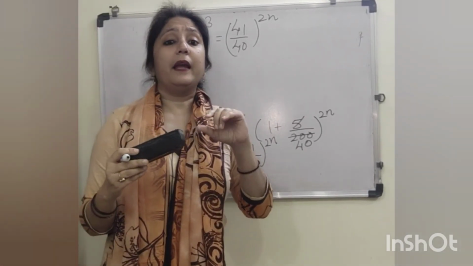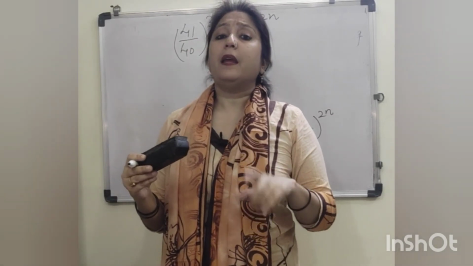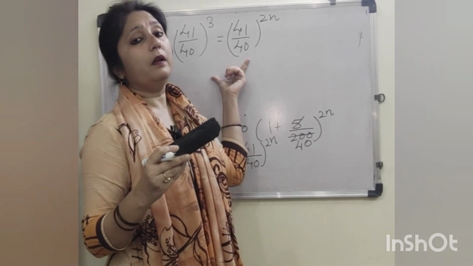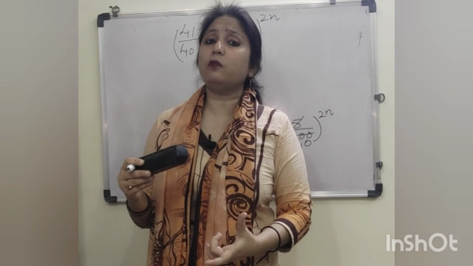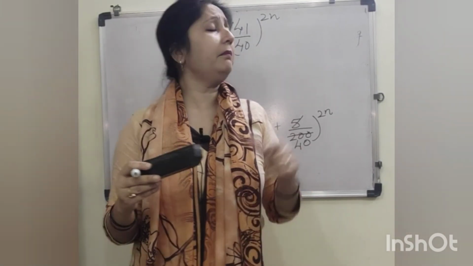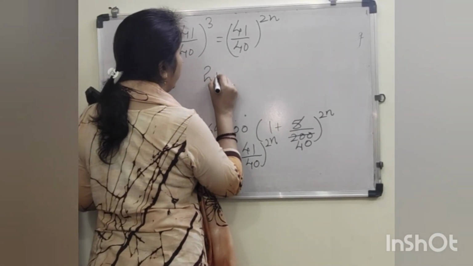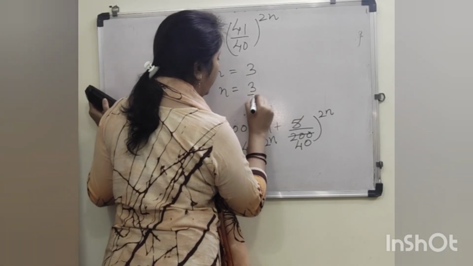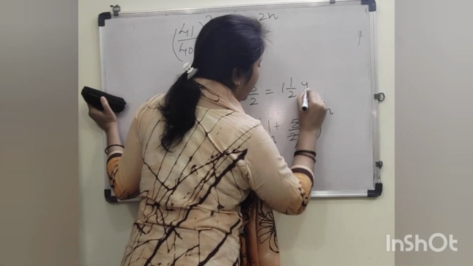See, in rate exponents were the same. In calculating time, bases are the same. Am I clear? So 2n is equal to 3. So n is equal to 3 by 2, that is 1 whole 1 by 2 years.